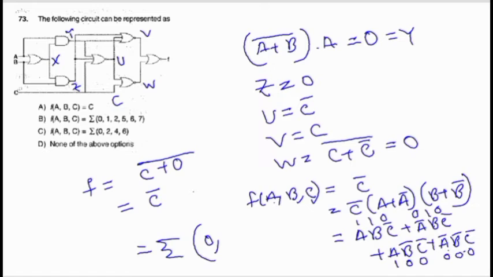So we have 0, 2, 4 and 6. These are the main terms, 4 main terms. So option C is correct.